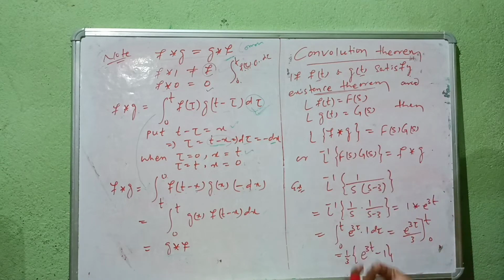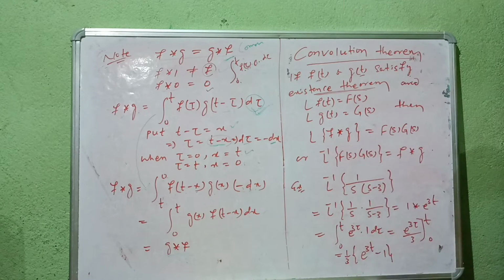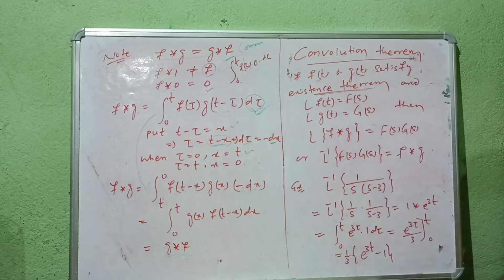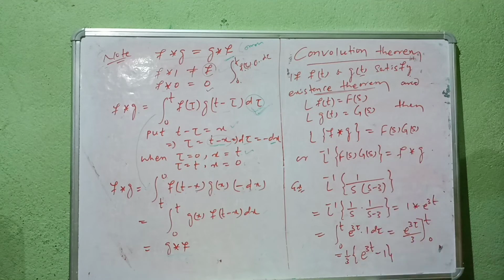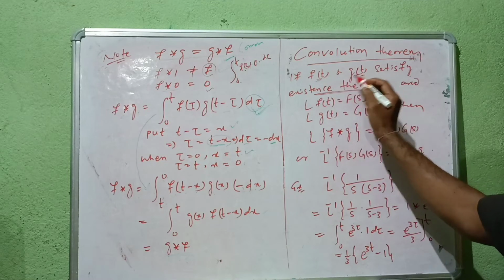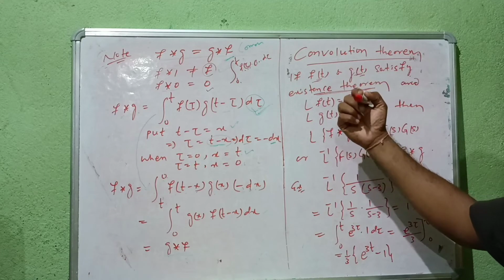If their Laplace transform does not exist, then we cannot apply any theorem or any problem. Therefore, when we operate on any function, we first have to check whether its Laplace transform exists. So f of t and g of t satisfy the existence theorem. What is the existence theorem?